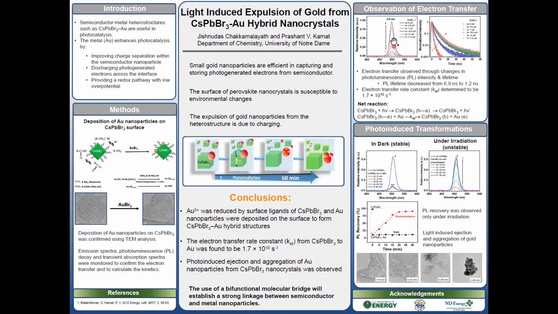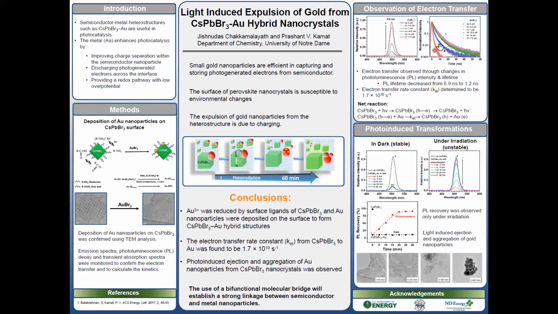To support the quenching, photoluminescence decay was also monitored at the emission maximum, which is 510 nanometers. These decay curves were fitted using a bi-exponential fit, but even without the decay parameters, it is clear from the decay curves that the lifetime of the CsPbBr3 bromide nanocrystals, shown in the black trace, decreased to the red one when the gold is added.